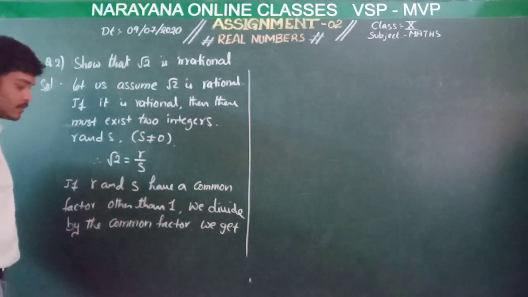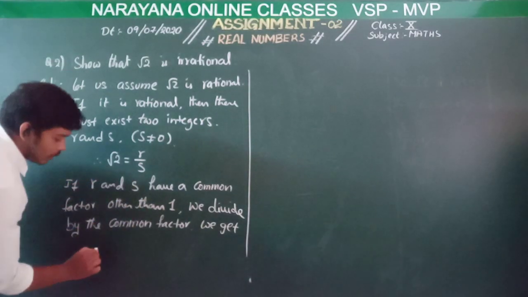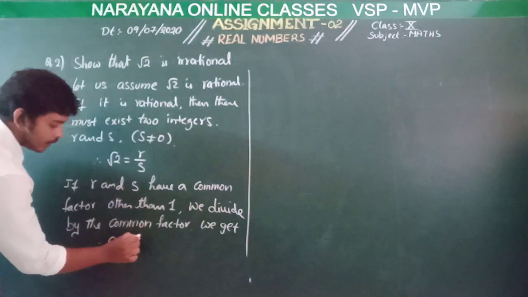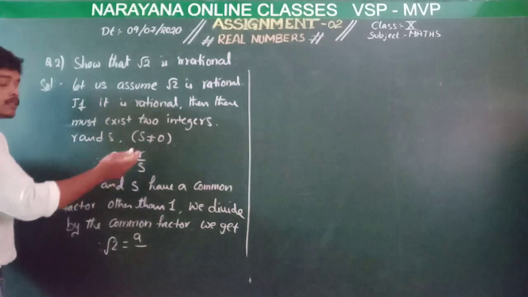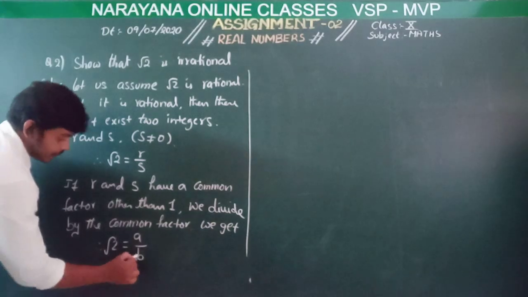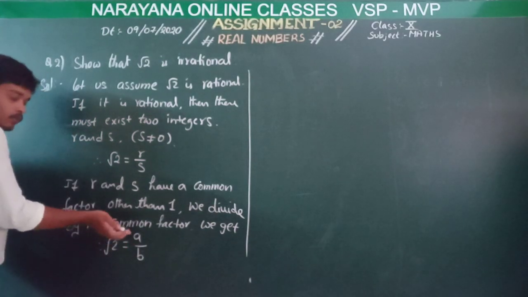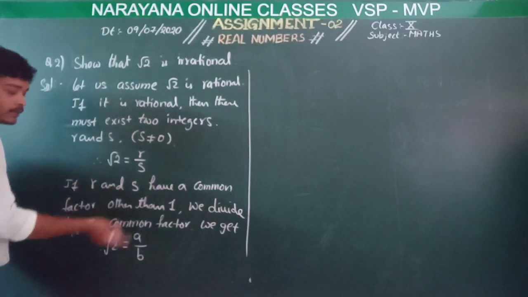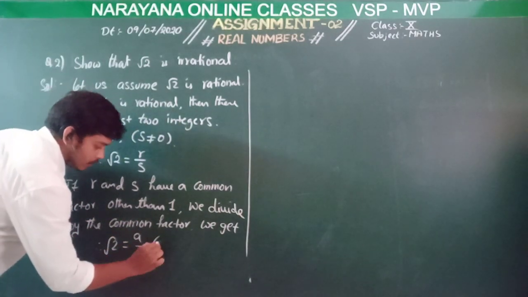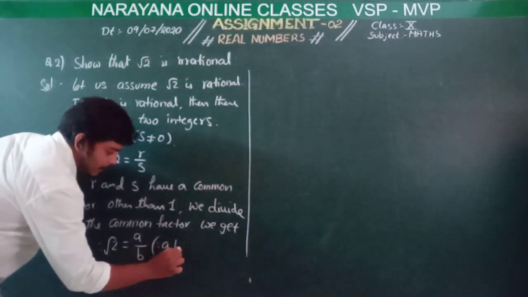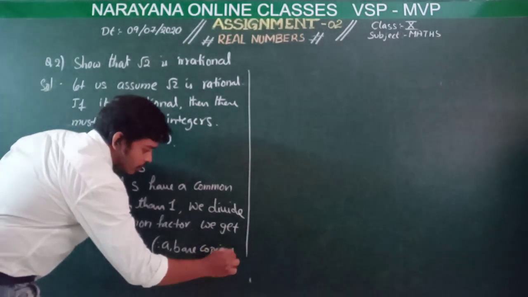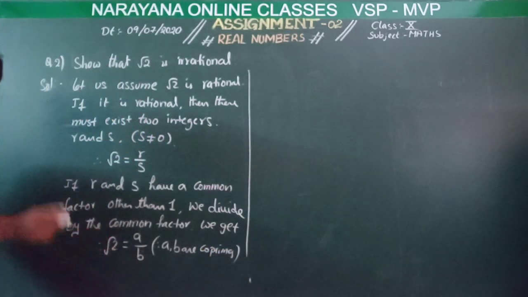Then we get root 2 equals a by b, where r divided by the common factor is a, and s divided by that common factor is b, right? Here a and b are co-primes. Co-primes means their HCF is 1.